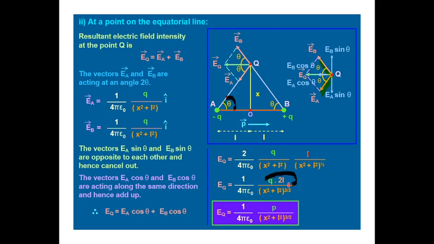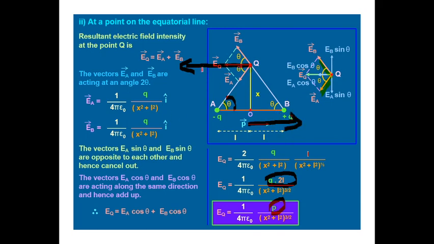And this term is known as the dipole moment, denoted by P, and the resultant electric field at point Q is E equals 1 divided by 4 pi epsilon naught, P divided by x squared plus L squared raised to 3 by 2. This is the electric field at a point due to the electric dipole, known as the electric field on the equatorial line. And what about the direction? The direction is just opposite to the direction of the dipole moment.